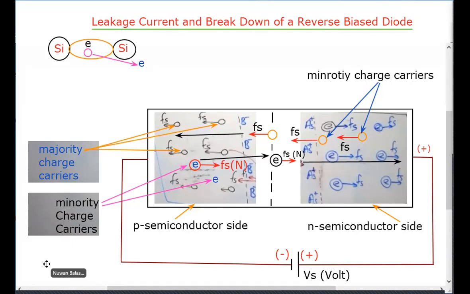Star point and write. The number of minority charge carriers is very small and constant.